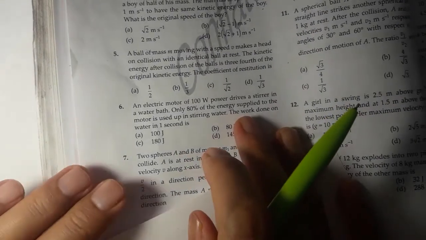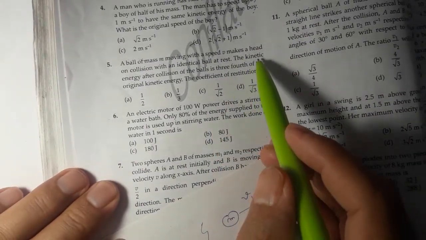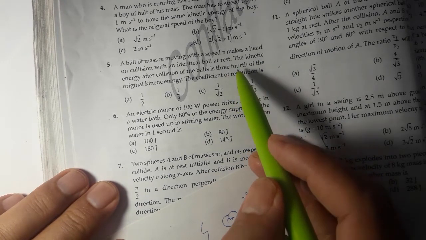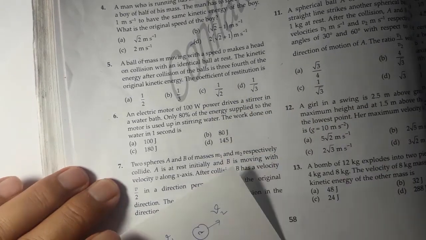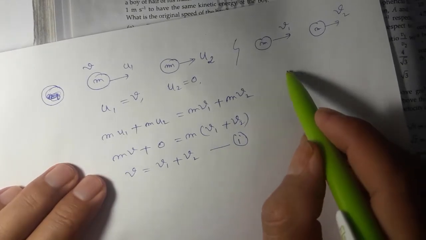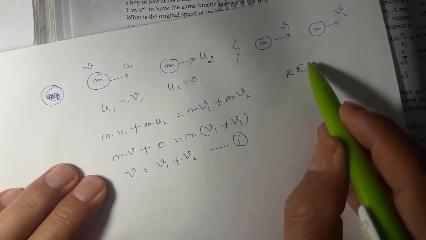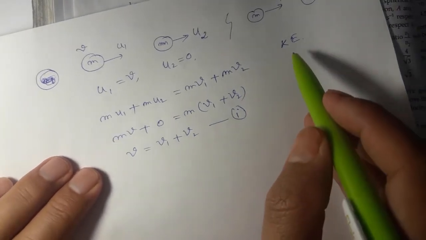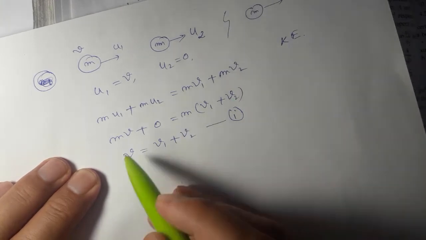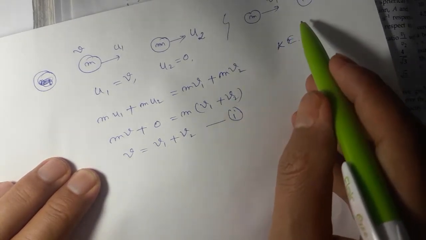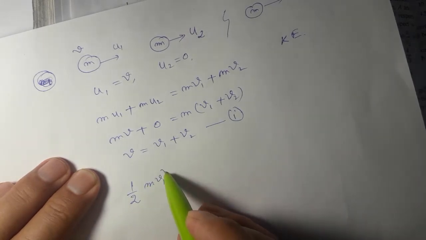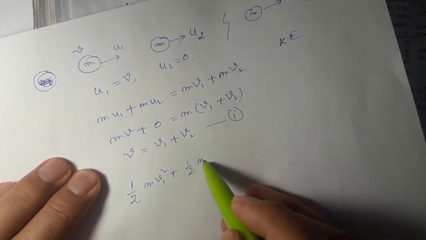Now come back to the question. The question says that after collision the kinetic energy is equal to 3/4 of the original kinetic energy. So the kinetic energy after collision is half m v1 square plus half m v2 square.